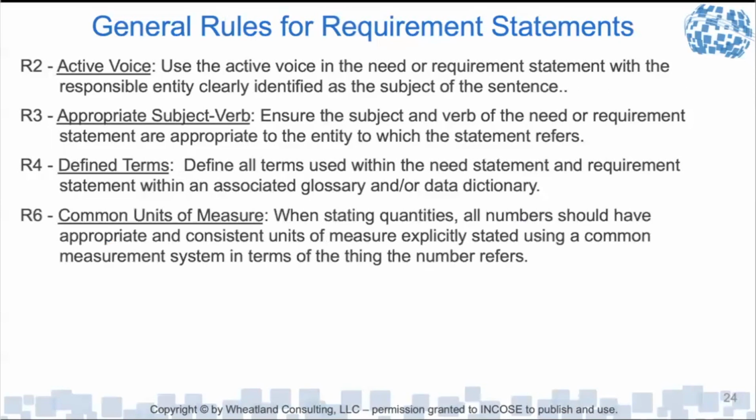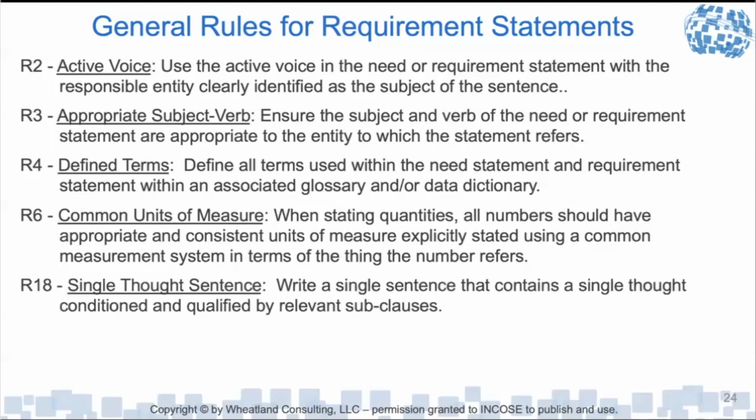We want to use common units of measure throughout a requirement set. This can be a problem between products developed in the US versus non-US, especially when the US is contracting out to people outside the US for developing things. You have pounds mixed up with grams, and feet with meters. So we have to be consistent in our entire requirement set.